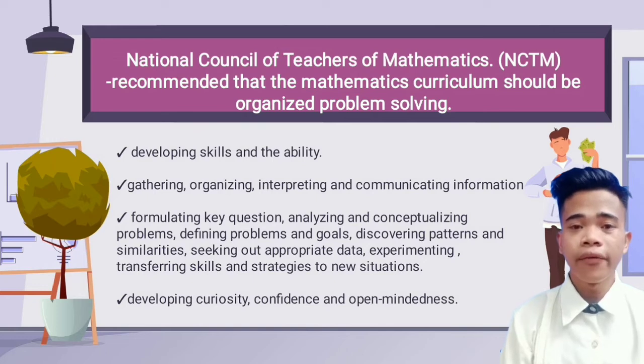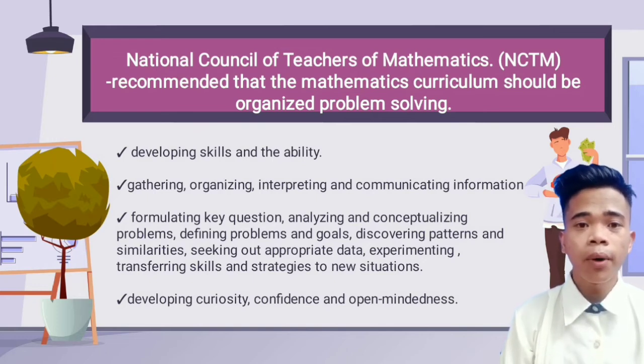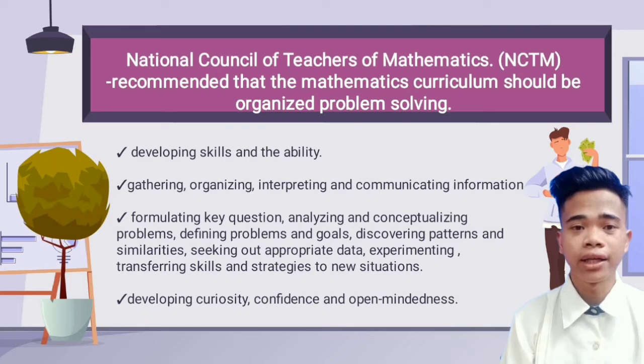So the third one is giving us how to face the problems that we can encounter in the near future and giving us an idea how to solve them. So these are the ideas: formulating key questions, analyzing and conceptualizing problems, defining problems and goals, discovering patterns and similarities, seeking out appropriate data, experimenting, and transferring skills and strategies to new situations.